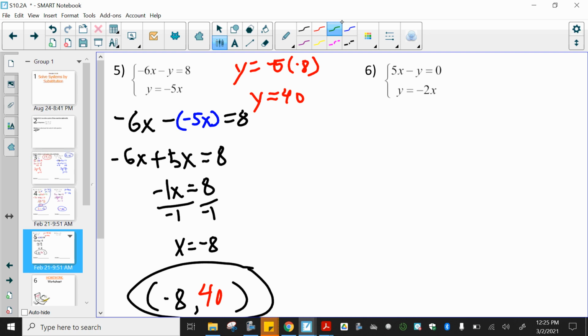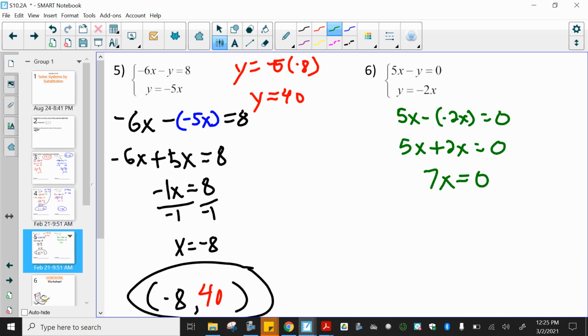One more. 5x minus negative 2x equals 0. I'm going to distribute again. 5x. Negative times negative 2 would be plus 2x equals 0. 7x equals 0. X equals 0.